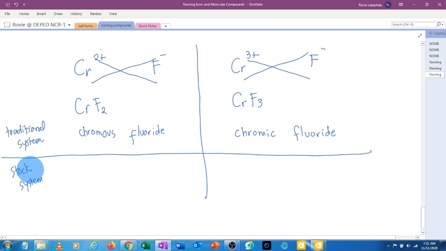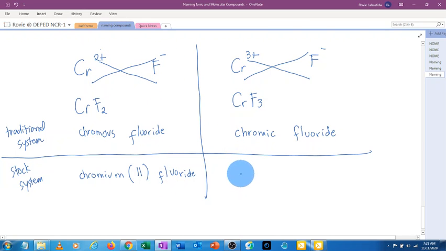Okay? Now, let's use the stock system. So, for the stock system, name the metal, which is chromium. Include in the parentheses the numerical value of the charge, which is 2, chromium(II), and then add IDE to the root term of the nonmetal, since the nonmetal that we use is monoatomic fluoride.